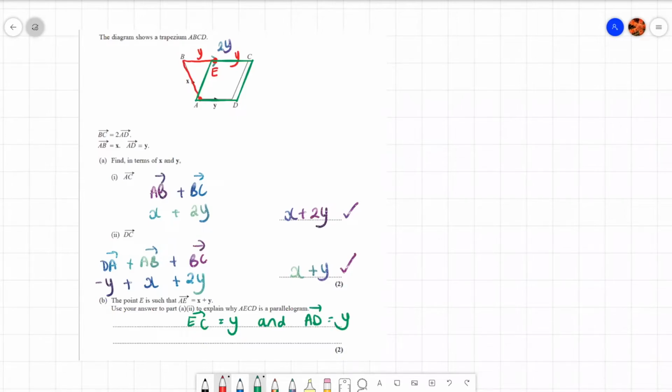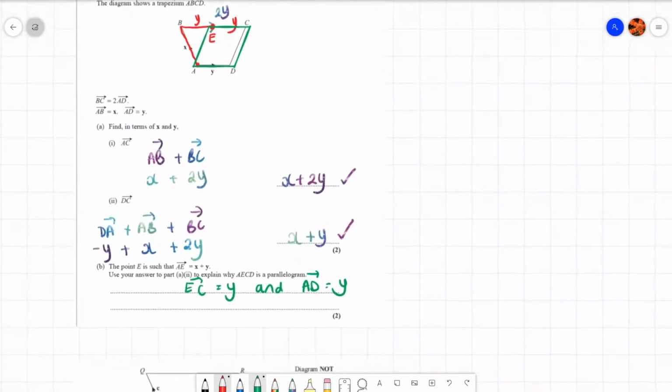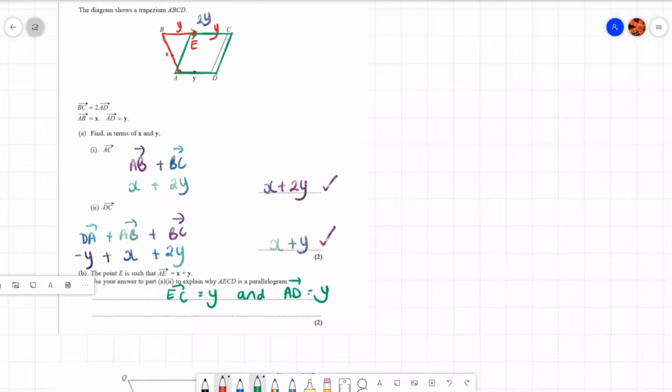So opposite sides are the same, aren't they? So we've got AE and DC, and we can say opposite sides of a parallelogram.